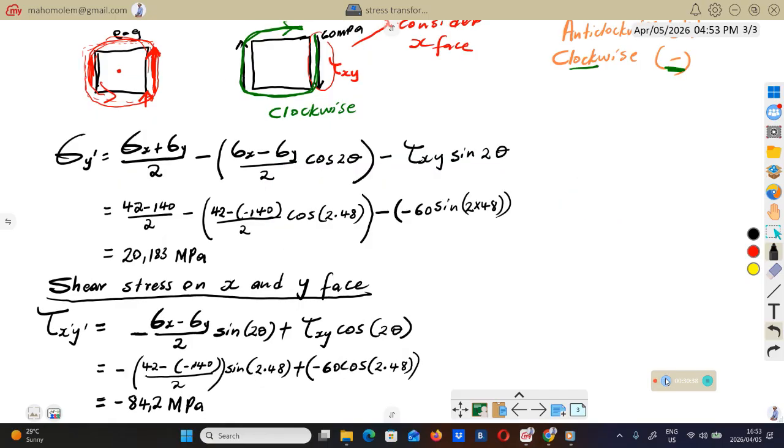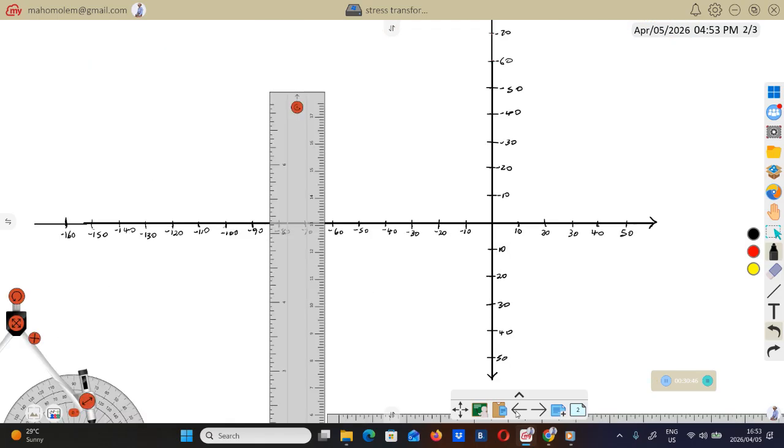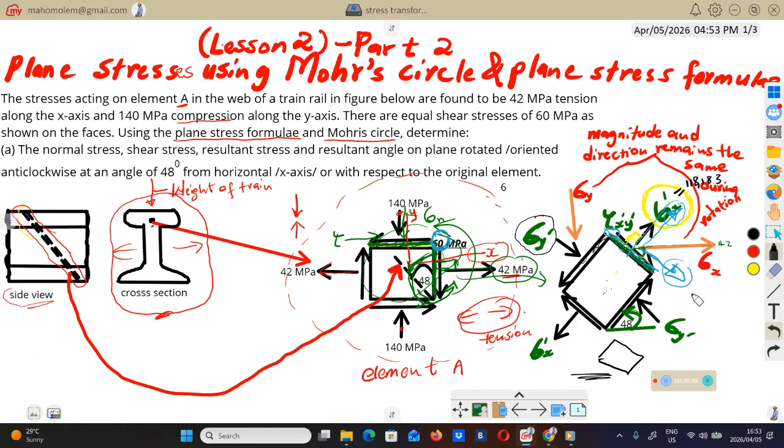Right, you substitute. This is what you will get after substituting. So that will be the shear stress value for here, 84.2.